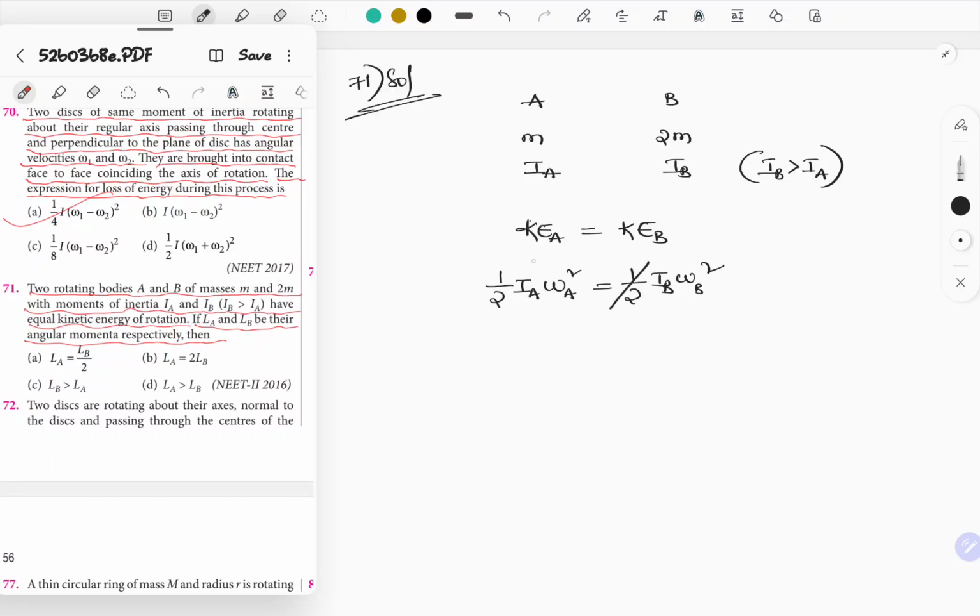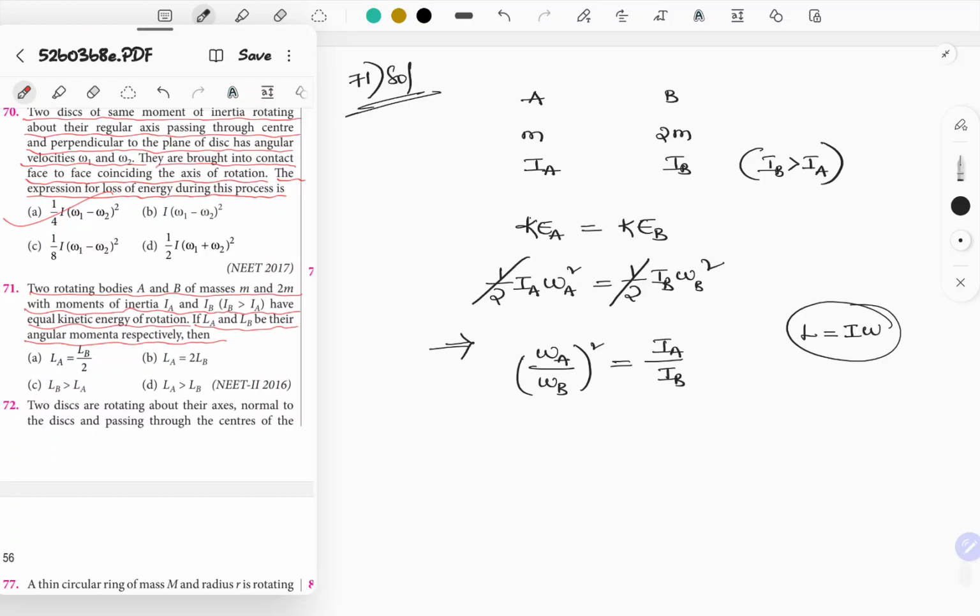The 1 by 2 will get cancelled out here. What's the formula for angular momentum in terms of moment of inertia and angular velocity of a rigid body? It is L equal to I omega, right? Okay, let me find the answer. From the given data, we can write (omega A divided by omega B) whole square is equal to Ia by Ib, right? Very good.